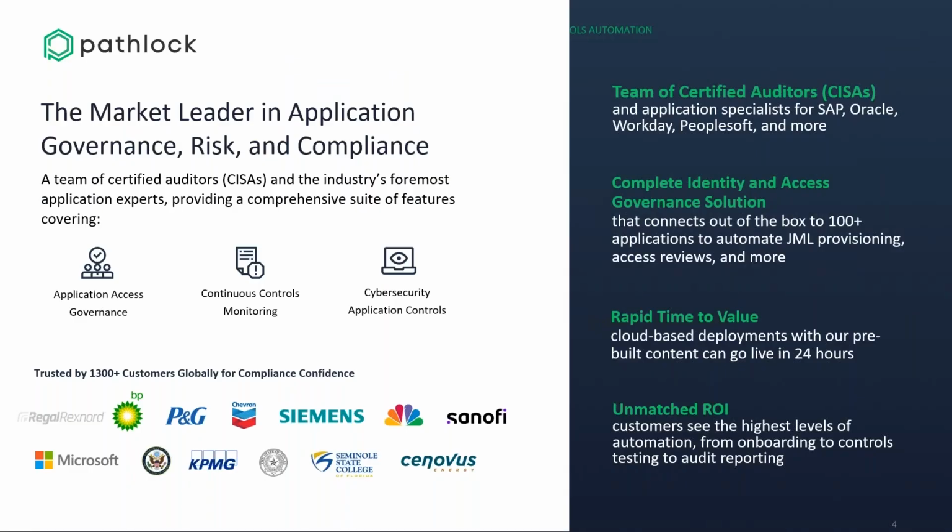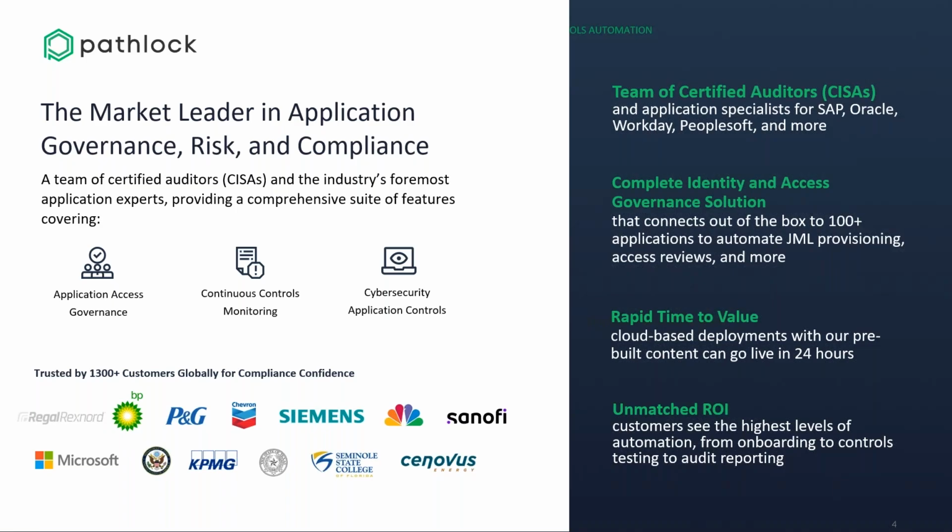Pathlock, as most of you probably know, was formed a few years ago when some of the leaders in the GRC industry came together, merged together, including Appian, Security Weaver, SAS, CSI, and a couple of others. So we've got a whole palette of offerings now in the application access governance space, continuous controls monitoring, and cybersecurity applications.